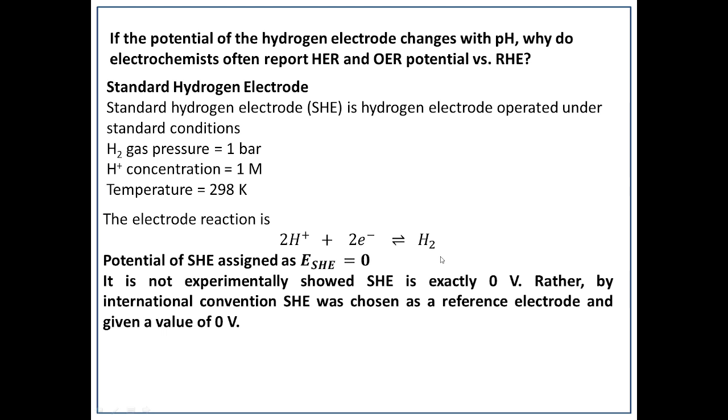It is because, as we already discussed, the potential of a single electrode cannot be measured. We can only measure the potential difference. So scientists need a reference point to compare all the electrode potentials. They chose the standard hydrogen electrode as a universal reference and assigned its potential to be 0 volt.